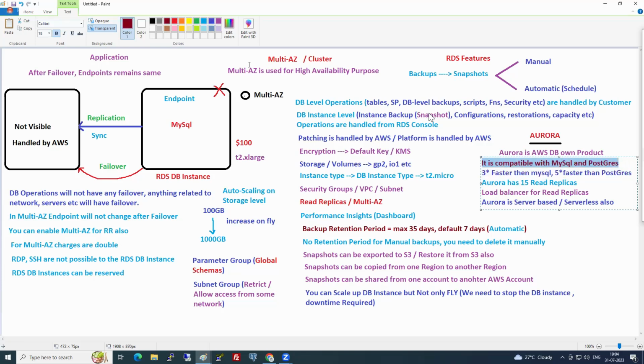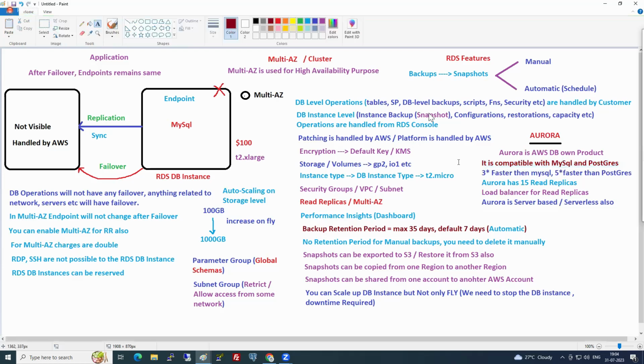Got it? Okay. Any questions? Easy? Did I make RDS completely easy? Super easy, no?